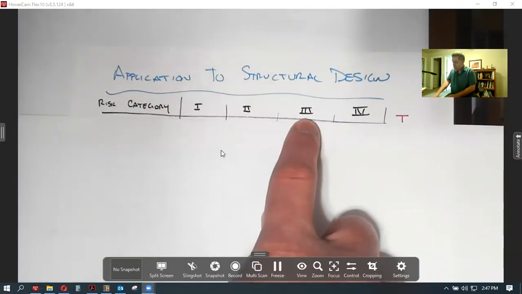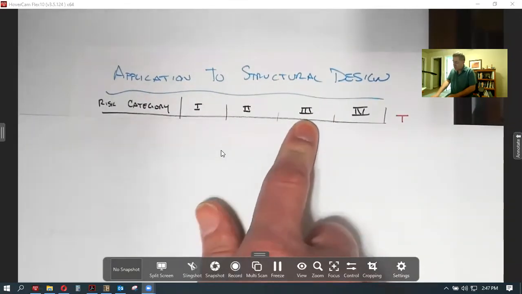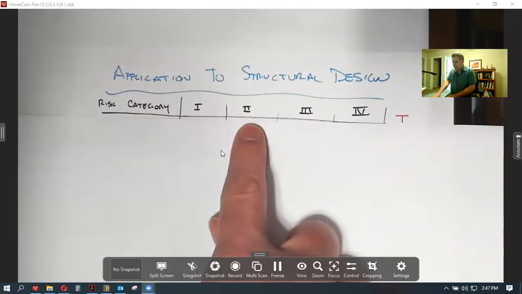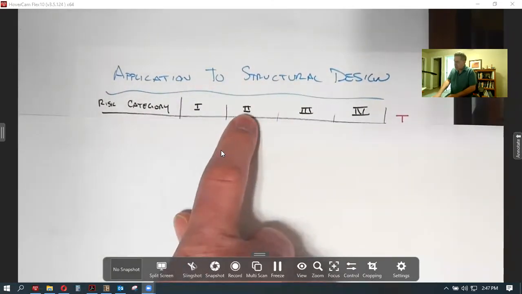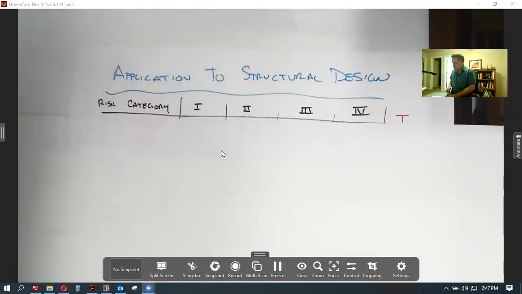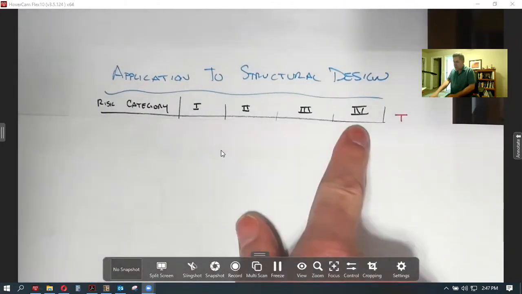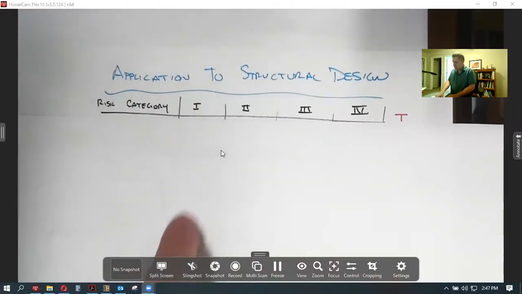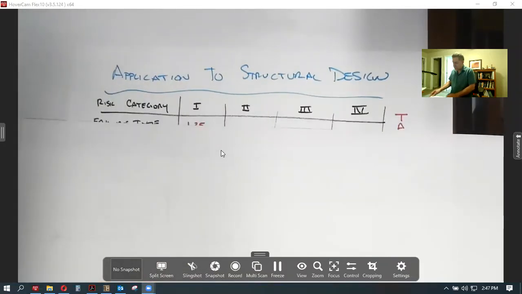So they're willing to devote more resources to designing at a higher level. And that puts everything else into category 2. So your typical office building, your commercial building, your retail buildings, those will typically be in category 2. These are not categories associated with houses, because residential construction is covered under a different building code.